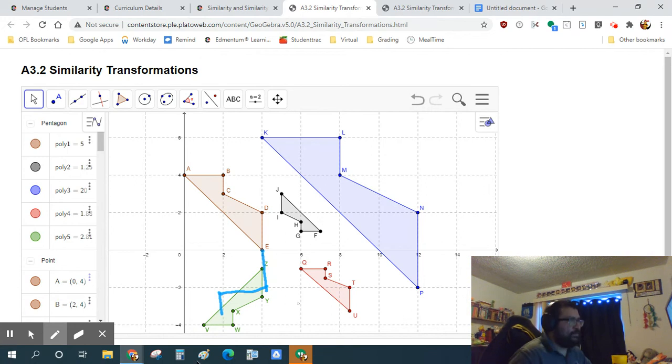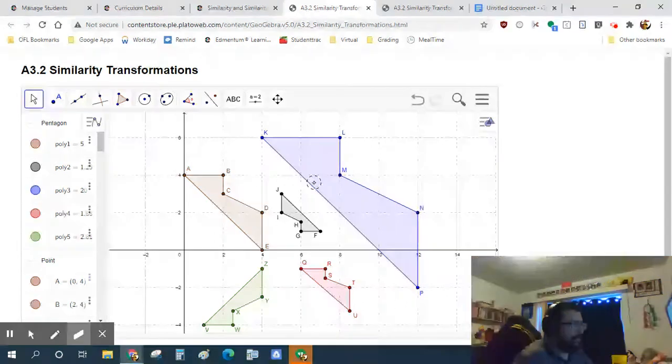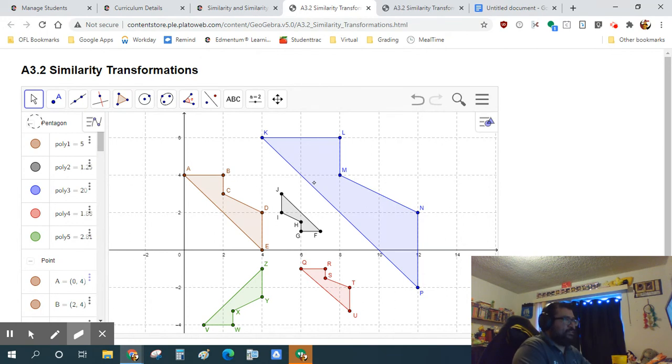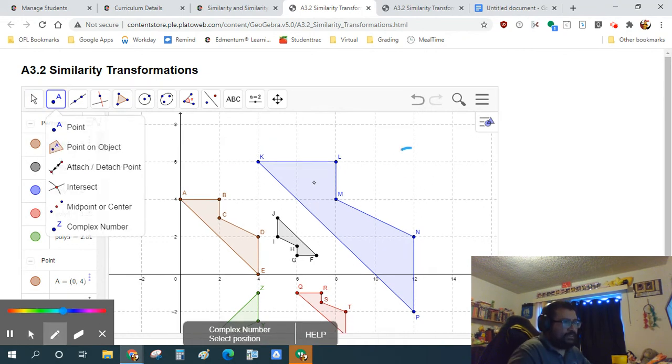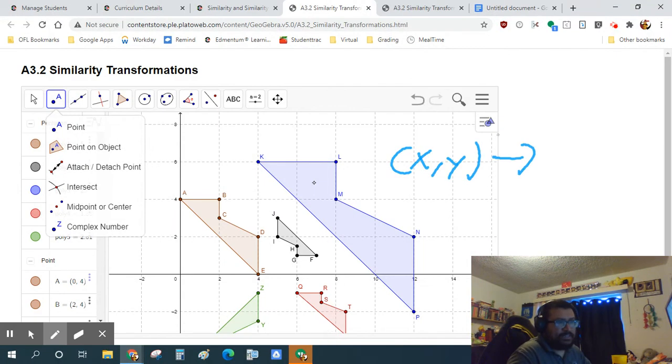So when we learned about transformations, remember how 180 degrees kind of flips everything over? One of the rules for a rotation of 180 degrees is that the x and the y swap places and everything becomes negative.